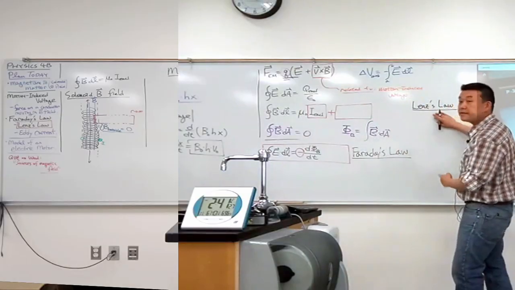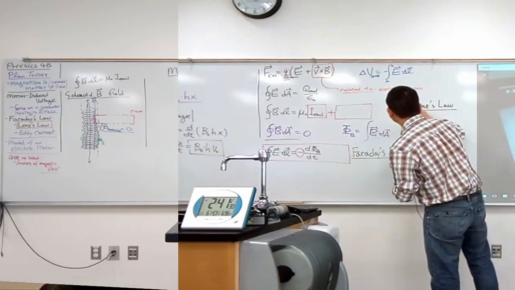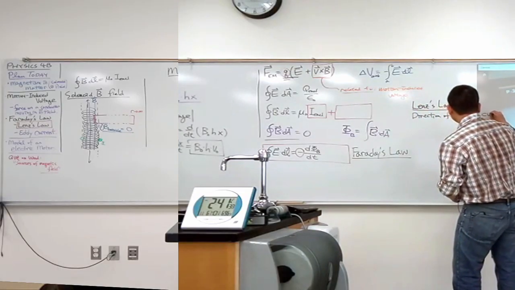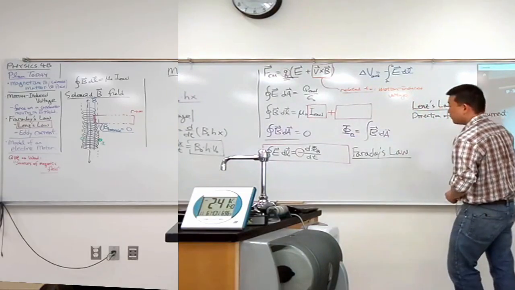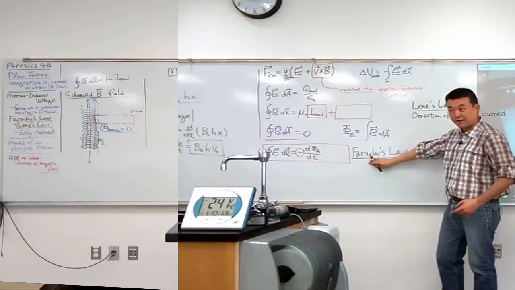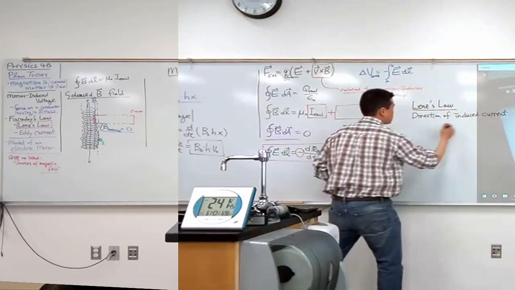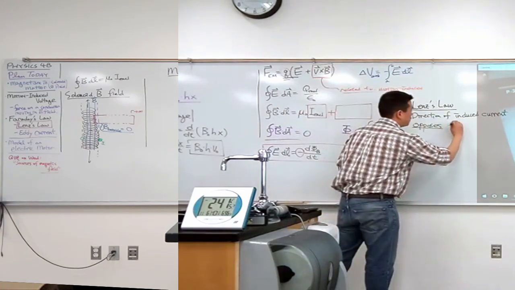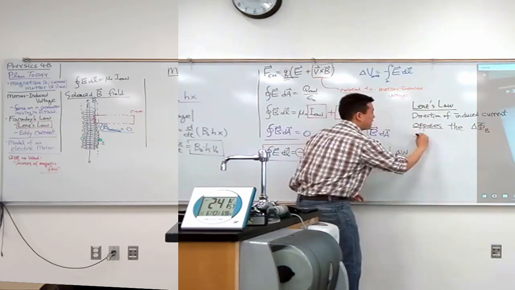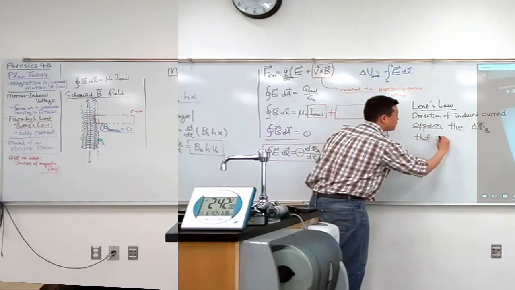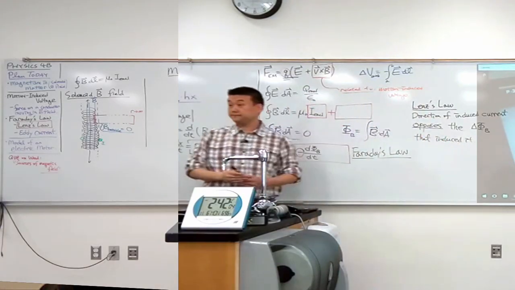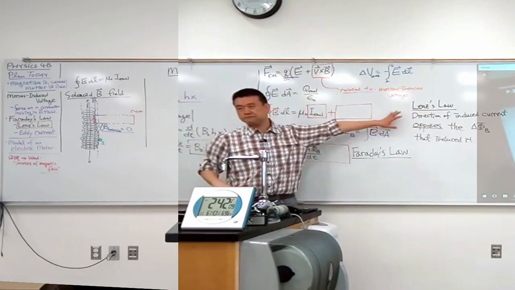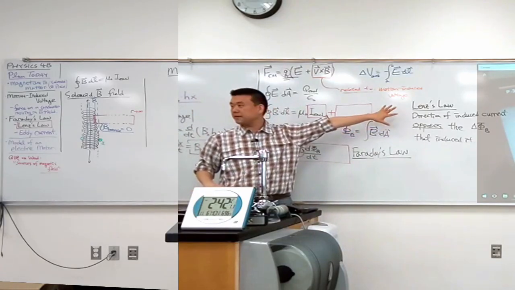Okay, so Lenz's law deals with the current. It says that the direction of induced current, that is, the current that you would get from the voltage in Faraday's law, opposes the change of magnetic flux that induced it. Is the meaning of this clear enough? It's a bit of a complicated sentence.